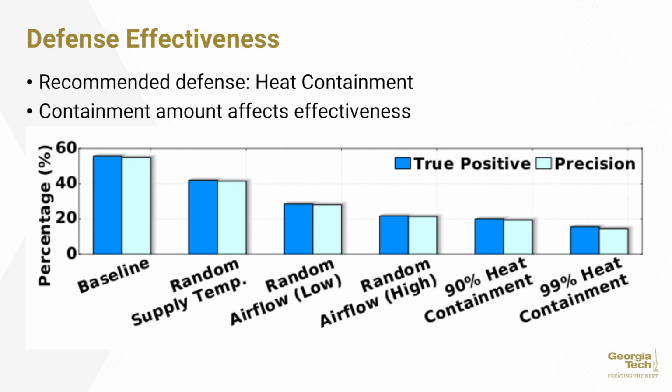One of the other methods was to stop oversubscribing. That's going to lead to a loss of income, so we're not going to consider that for a multi-tenant data center. You can also provide more redundancy. That's expensive. We need to buy more equipment as well. The winner here is heat containment, because it's relatively cheap to install some form of heat containment, such as blocking off the cold aisles from the thermal side channel.